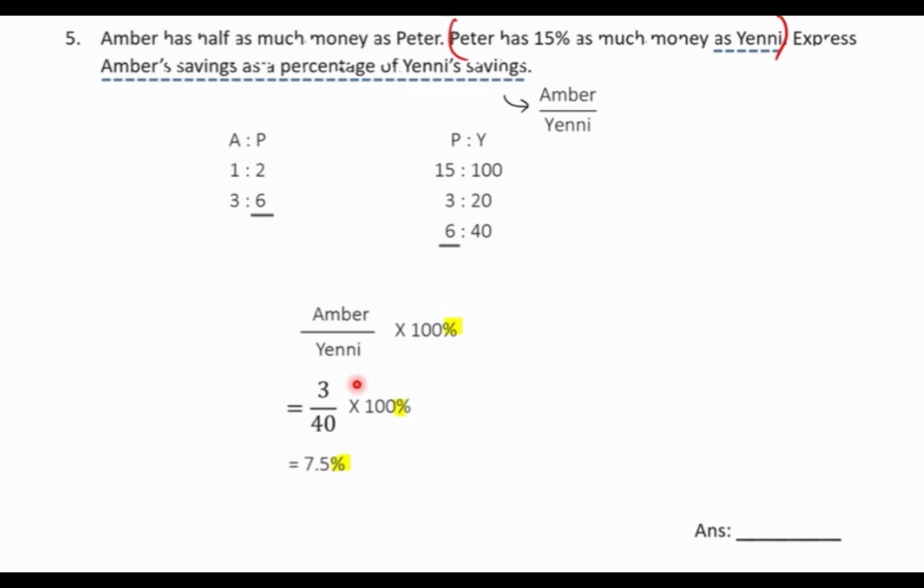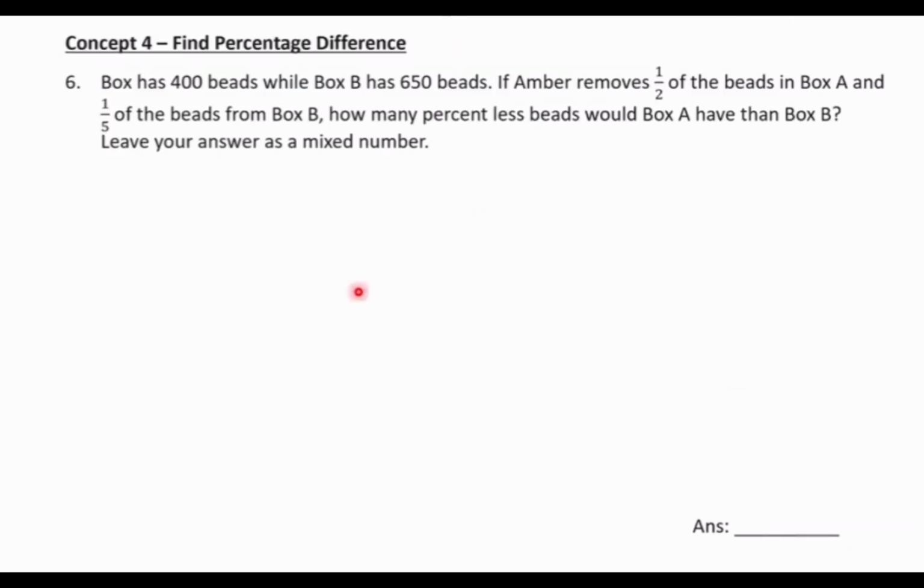Question 6 says, leave your answer as a mixed number. If you're going to write down a decimal, then you need to check: mixed number. Okay, let's look at question 6.